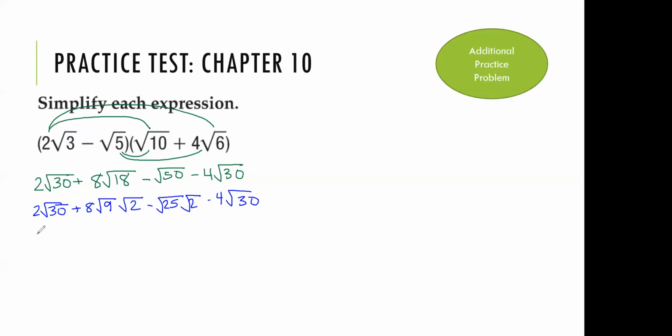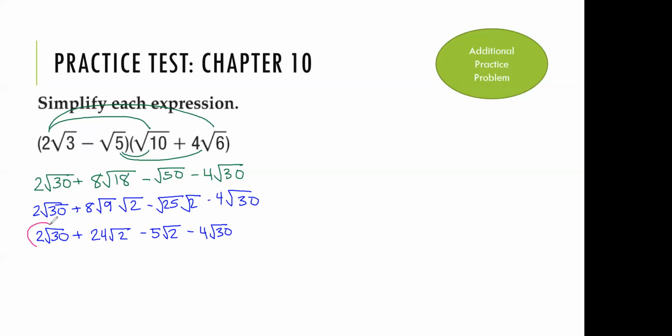Let me simplify this. So I've got 2 radical 30 plus 8 times 3, right? Square root of 9 is 3, and 3 times 8 is going to be 24 times radical 2 minus square root of 25 is 5 times radical 2 minus 4 radical 30.